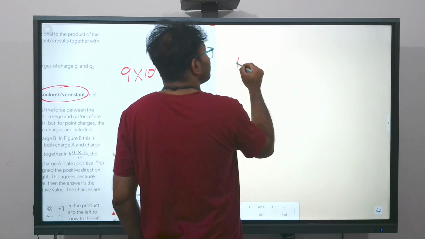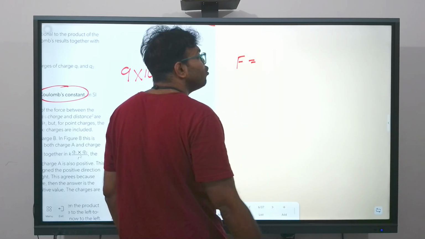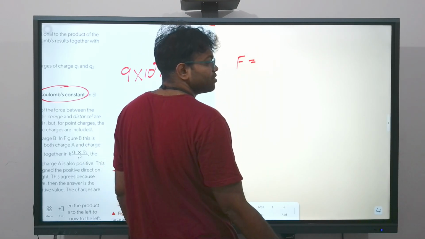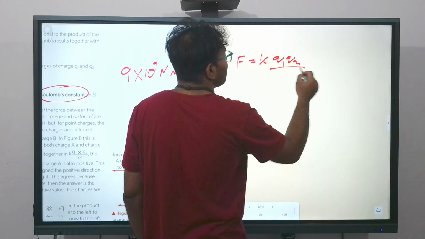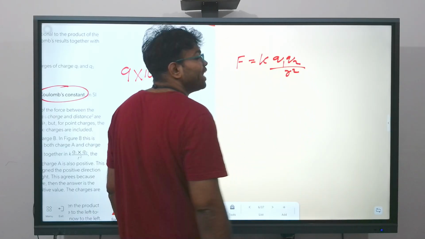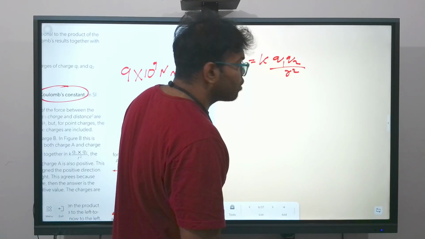So, what is the SI unit of force, Akshay? Newtons, right? So, k q1 q2 upon r square. What is the SI unit of charge? Coulombs.